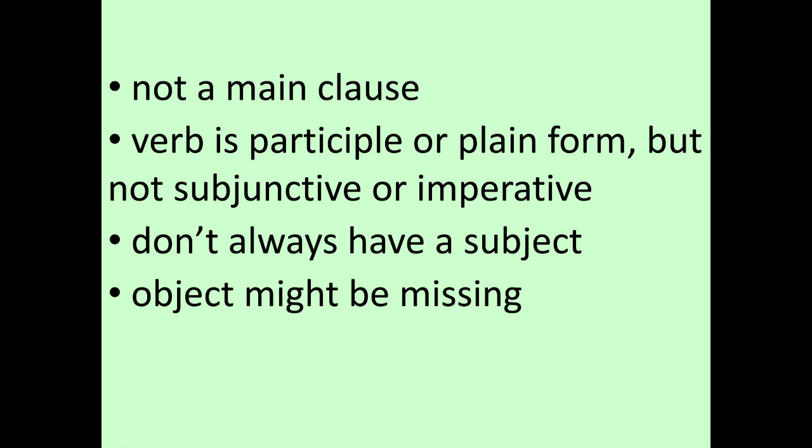The second thing, and this is the first thing actually to look for, is what kind of verb is the head of the clause. The head of a non-finite clause will be either a participle form, and remember there are 2 of those, gerund participles and past participles, or else it'll be a plain form.